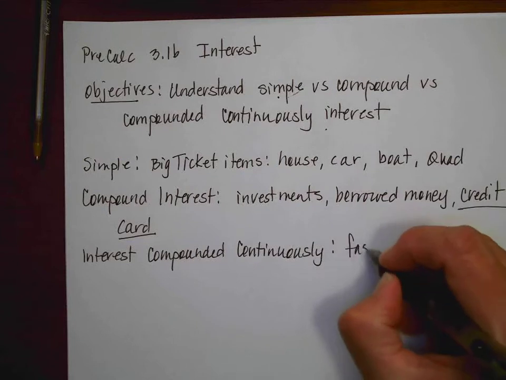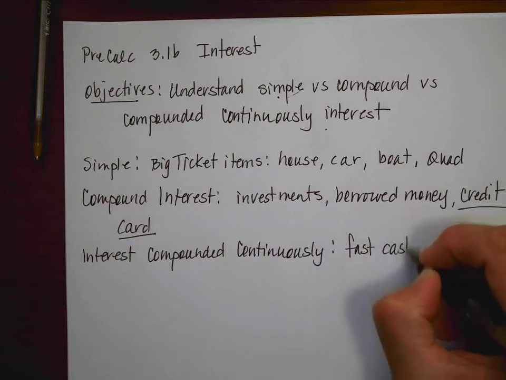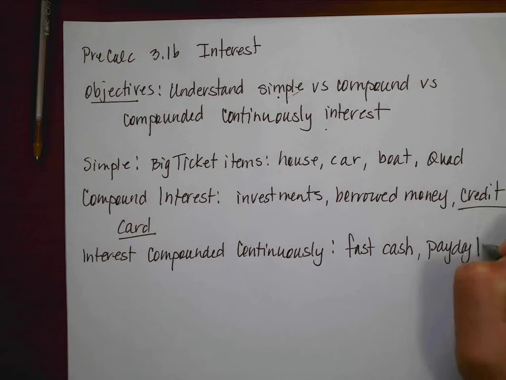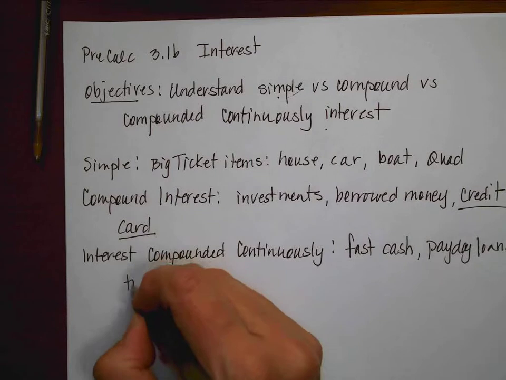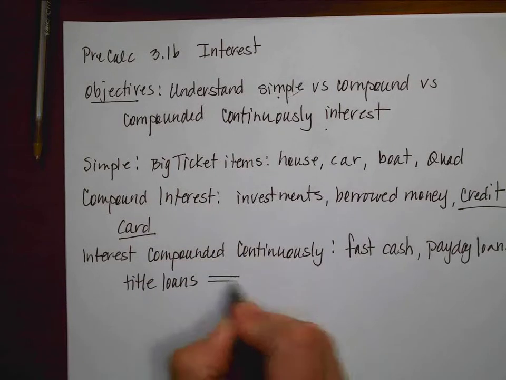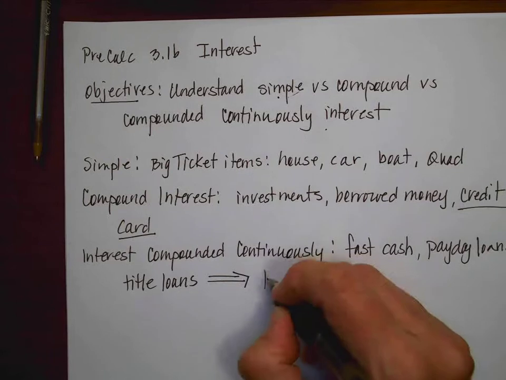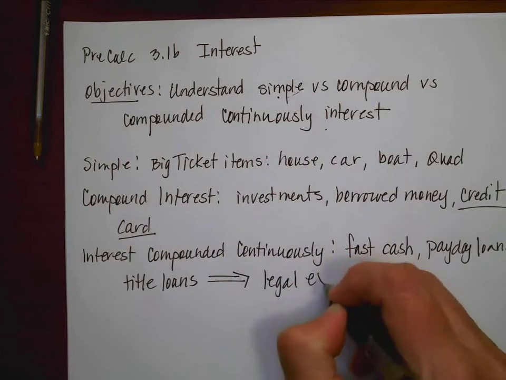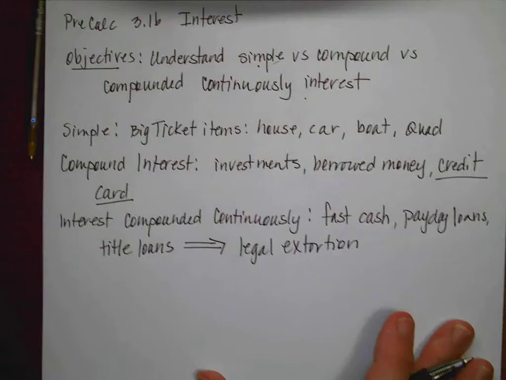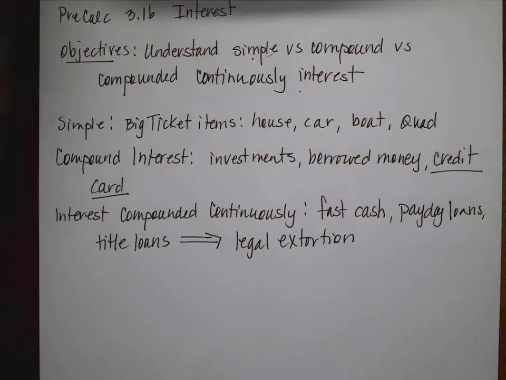But these would be similar to your fast cash or payday loans, or I think you see them called title loans. And we'll talk about this later, but this is basically legal extortion. And extortion means you are using somebody else's money at an exorbitant rate of interest.